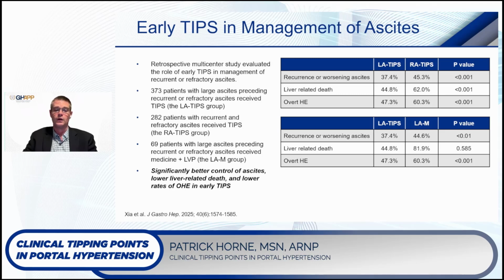And what they found was there was a significantly better control of ascites, as well as a lower liver-related death and lower rates of overt hepatic encephalopathy in that early TIPS group.